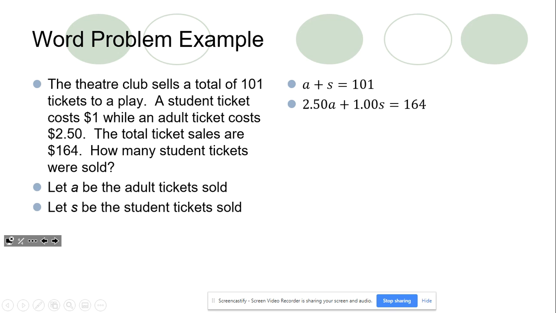Now, you could solve this with either method, elimination or substitution. Since we're in the elimination lesson, I will solve it with elimination. I'm going to eliminate A by multiplying the top by 2.50 and the bottom by 1. This gives me 2.50A plus 2.50S equal to 252.50. Then, since I multiplied this by 1, nothing changes. Now, I'm going to subtract my equations.